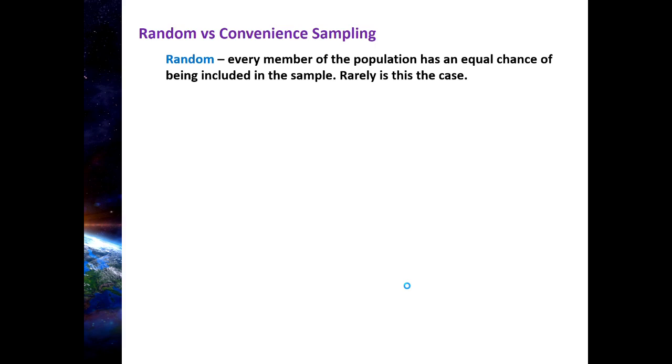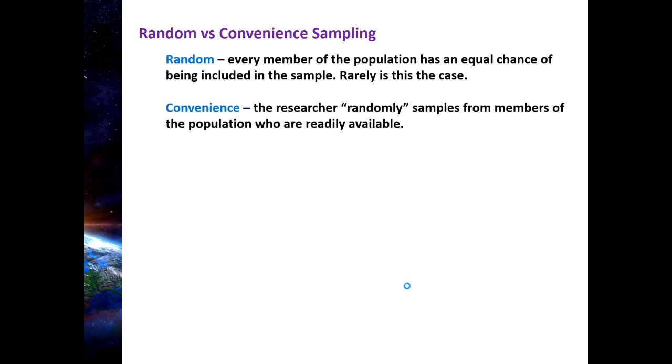And we use that as our definition of random. Like when you see in a paper, if they say participants were randomly sampled from students on campus, you know that that's really convenience sampling. Okay, right, so a convenience sample then is where the researcher randomly samples from the members or the people of the population that he or she has access to.